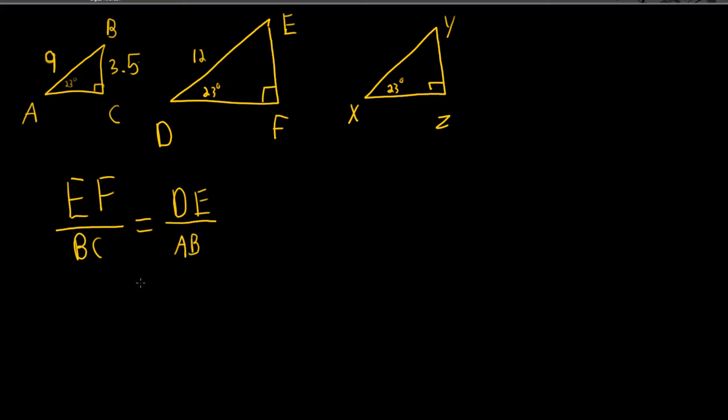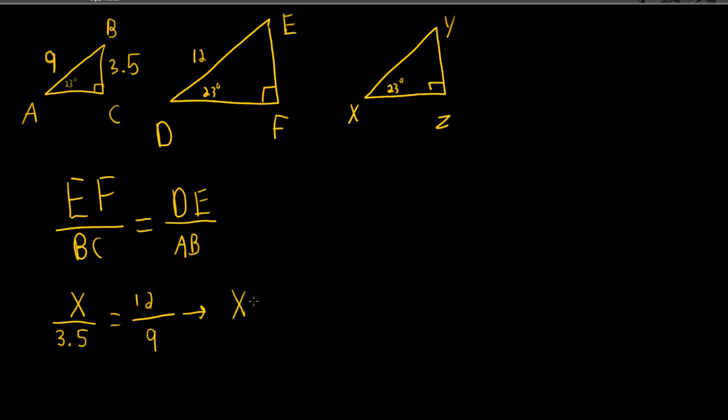So if we replace those values, we're going to have the following. EF is, we're just going to call it X for now, over BC, which is 3.5, set equal to DE, which is 12, over AB, which is 9. Then we're just going to cross multiply.